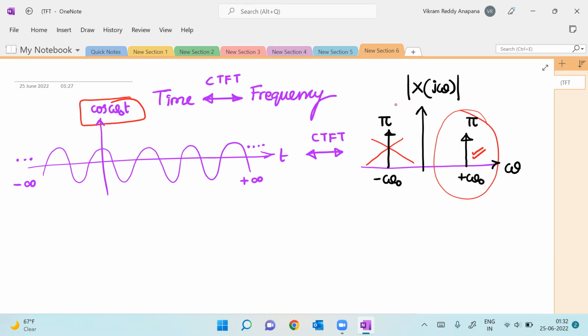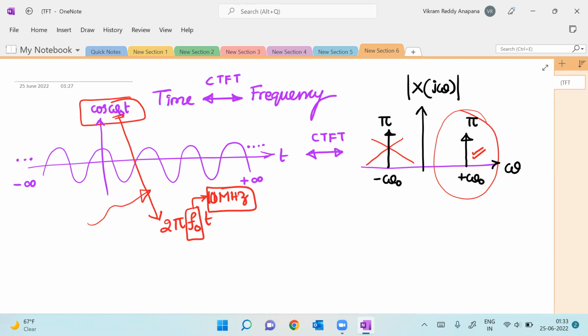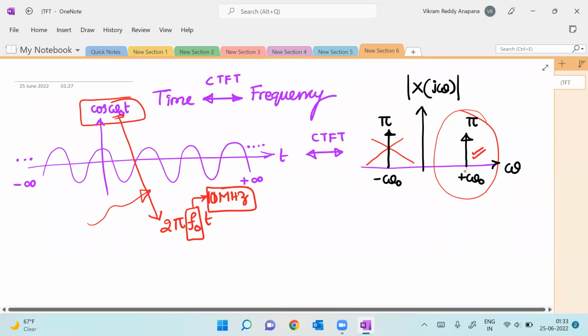If this cosine function, or whatever sine function you take, is oscillating at a certain frequency, say omega naught, which is 2 pi f naught t, for example at 1 megahertz or say 10 megahertz, some radio frequency carrier, then you can find the spike at the same 10 megahertz.